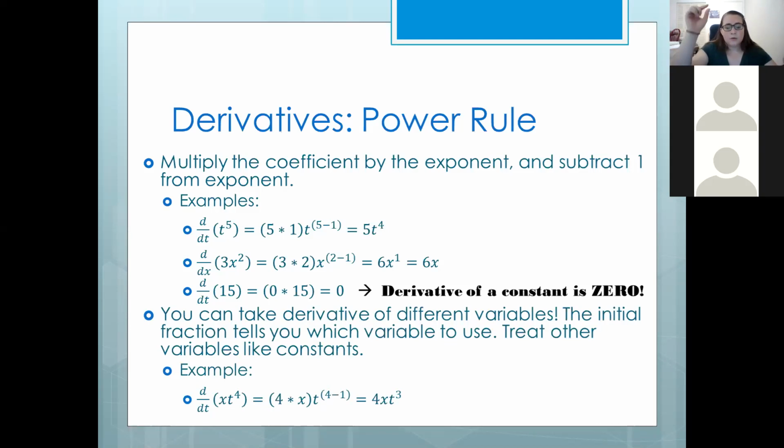And so we multiply our coefficient by the exponent. The coefficient is x in this case, so 4 times x. And then we subtract 1 from the exponent, so 4 minus 1. Our derivative with respect to time is 4x t cubed.